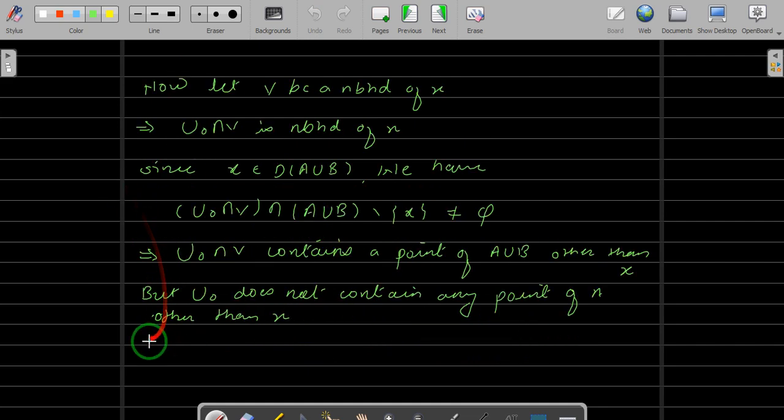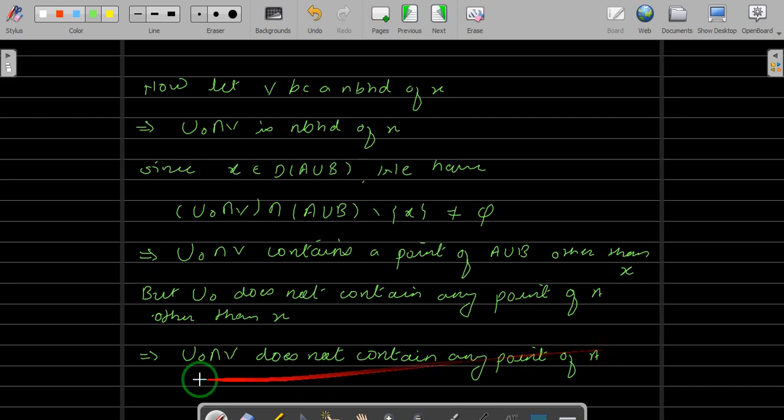This implies u naught does not contain. So obviously when you take the intersection of u naught and V, it will not contain a point of A. So u naught intersection V does not contain any point of A other than x.